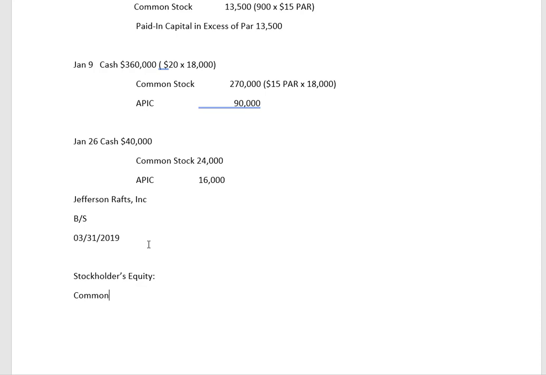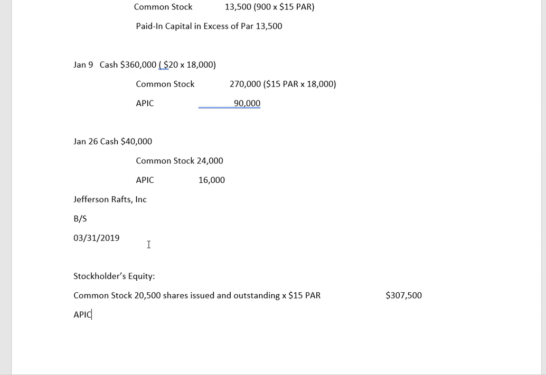Well, I'm going to have the common stock, and that is going to be 20,500 shares that are issued and outstanding times $15 par, and that should equal here $307,500.